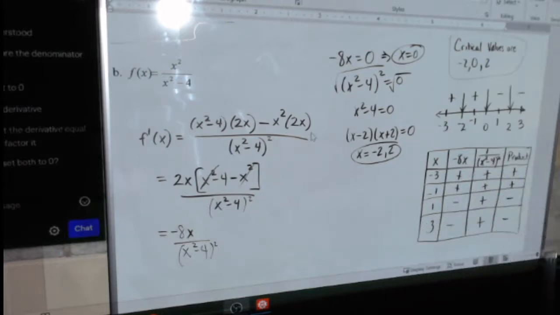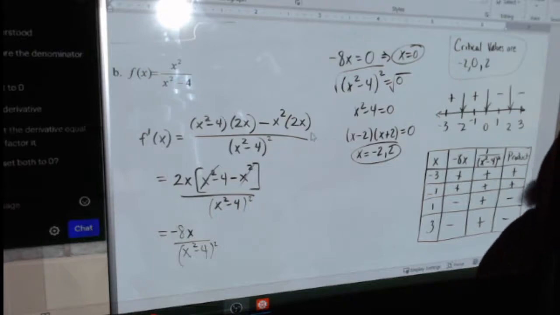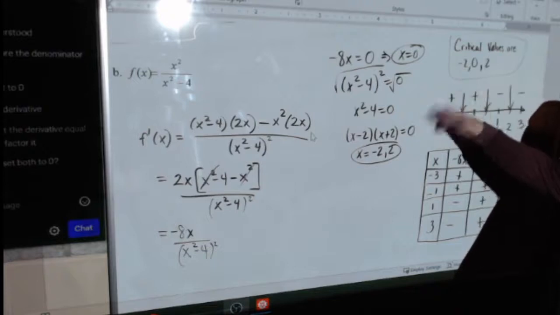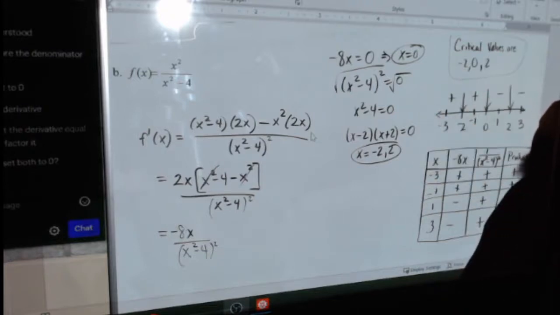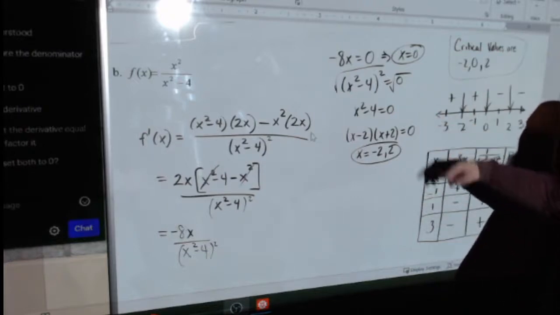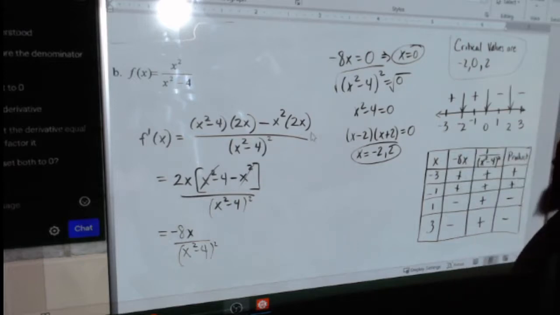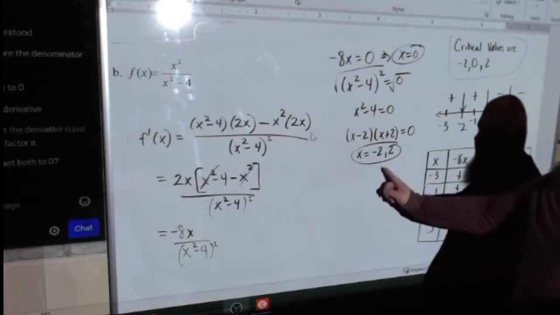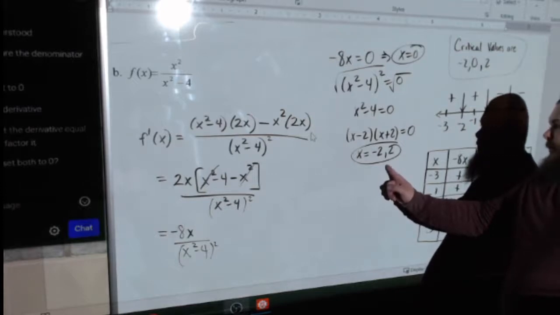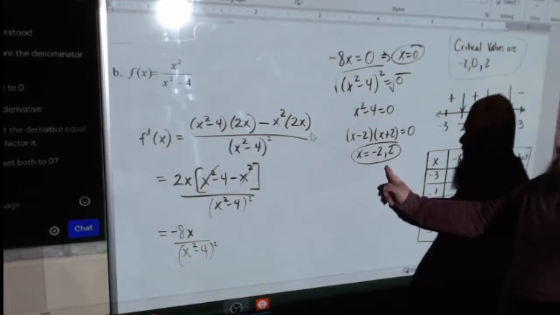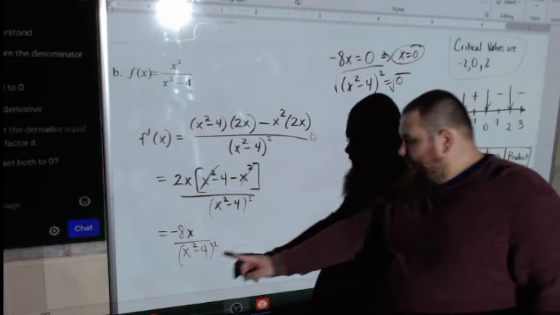Now, I'll tell you right now, one of the biggest things I see students do is they go, oh, well, it's positive all over here, so I'm just going to say from minus infinity to 0. We can't do that. Remember that we found these guys right here, and that was because they were where the derivative was undefined.